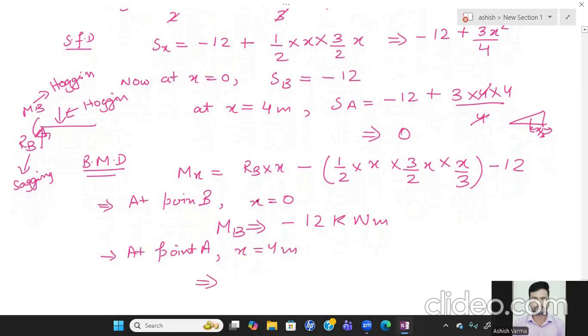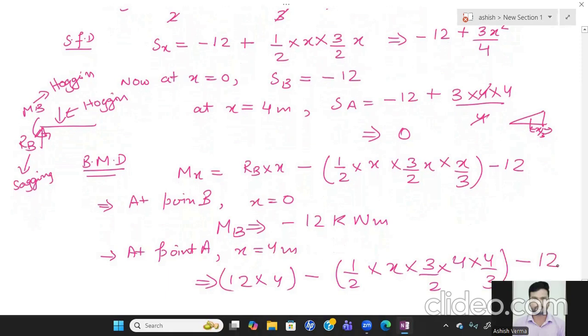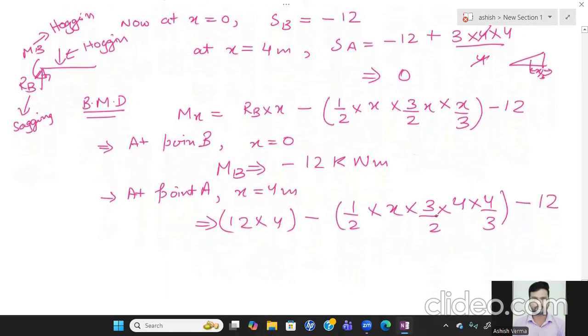At x is equal to 4 meter, RB is equal to 12. So 12 into 4 minus 1 by 2 into x into 3 by 2 of x, that is 4 into 4 by 3, minus 12. When we calculate, this value comes as 0.